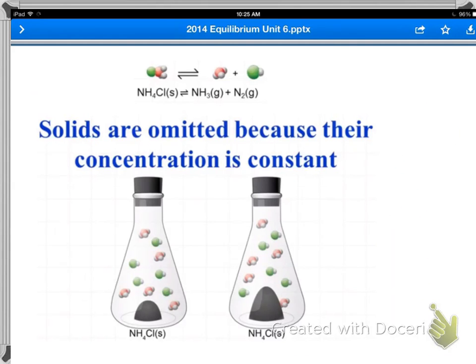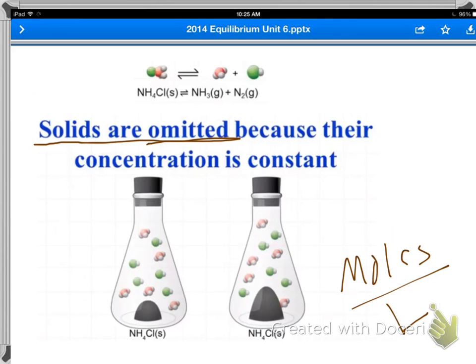One of the other nice things about equilibrium constants is the expressions do not include the solids. We omit the solids because their concentration is constant. So if you think about it, if I am changing how much of, let's say, ammonium chloride I have in this reaction flask, at the same time I'm adding more moles of ammonium chloride, I'm also adding more volume, right?